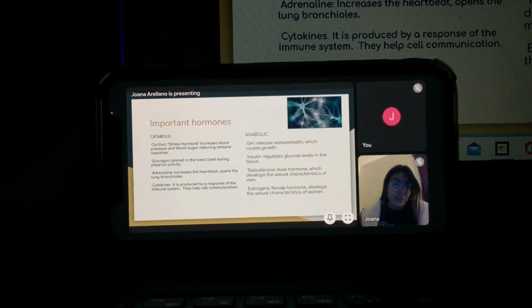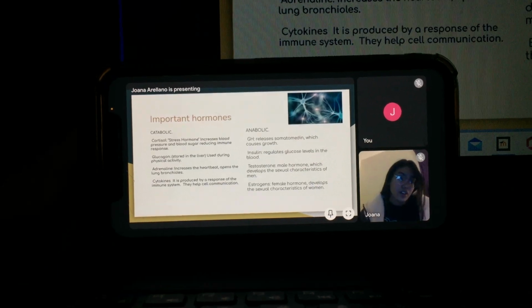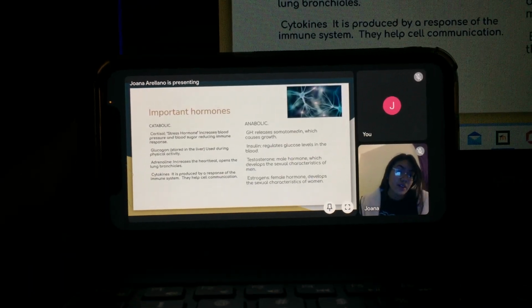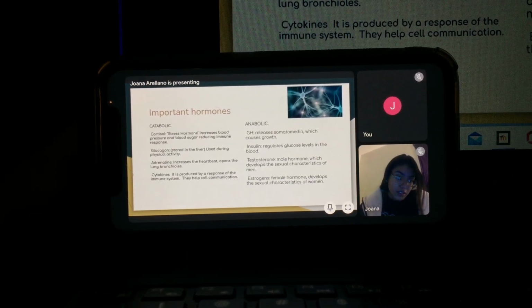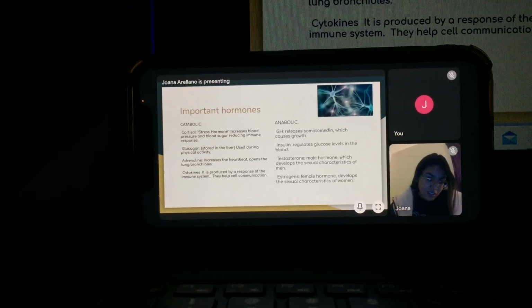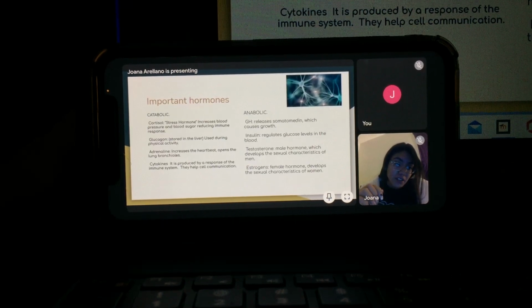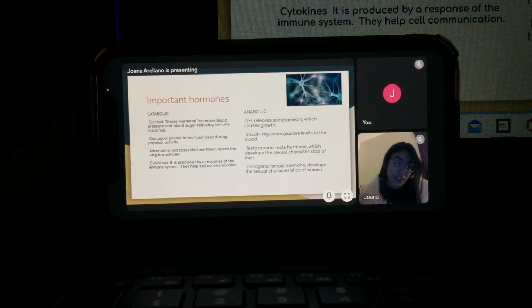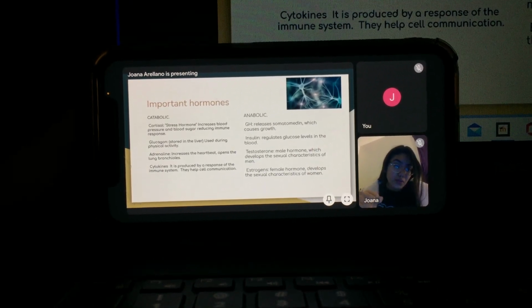And some of the important hormones on the catabolic side are cortisol, glucagon, adrenaline, and cytokines. The cortisol is the stress hormone, increases blood pressure and blood sugar, reducing immune response.